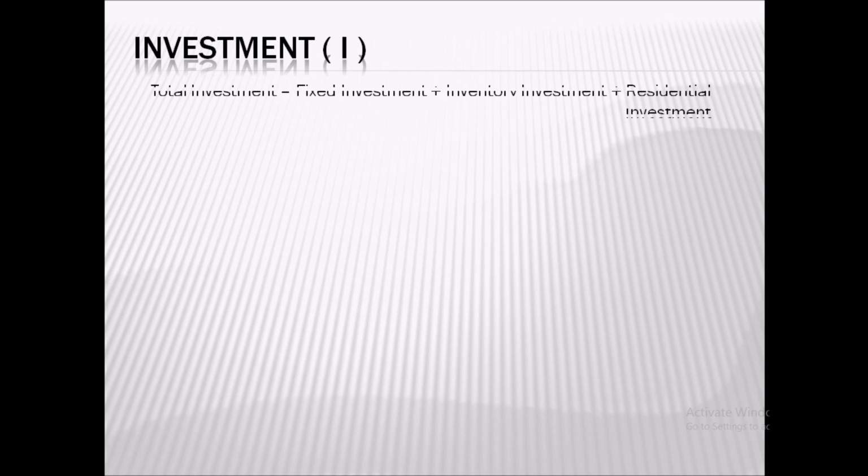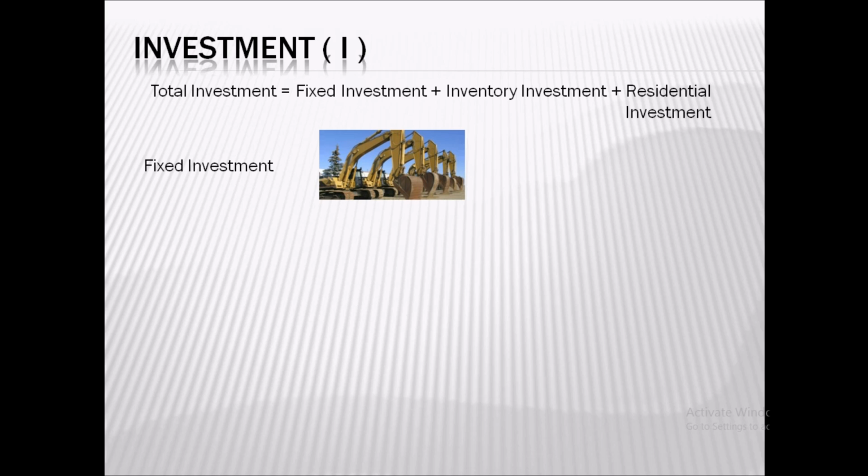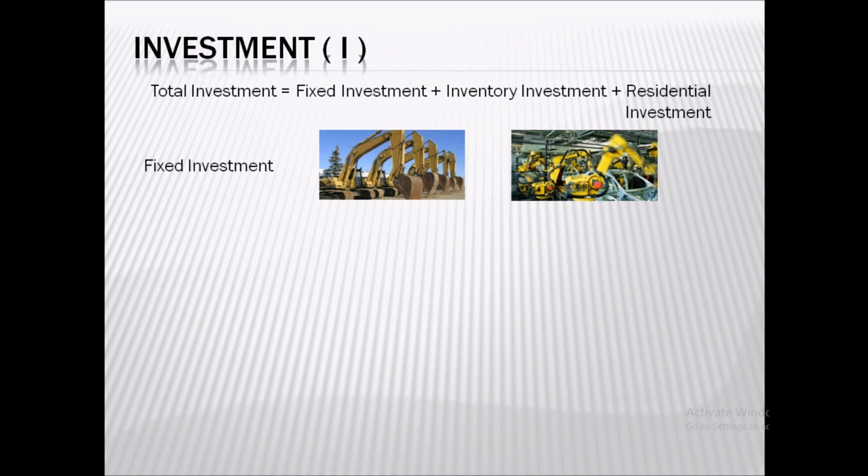And then investments. Investment is basically measured based on the total investments in fixed investment, inventory investments, and residential investment. Your fixed investment comprises investment on capital goods and plant and machinery. And your inventory investment is the change in goods awaiting sales on the shop shelves, and the goods in the godown, which need to be converted into final goods and services.